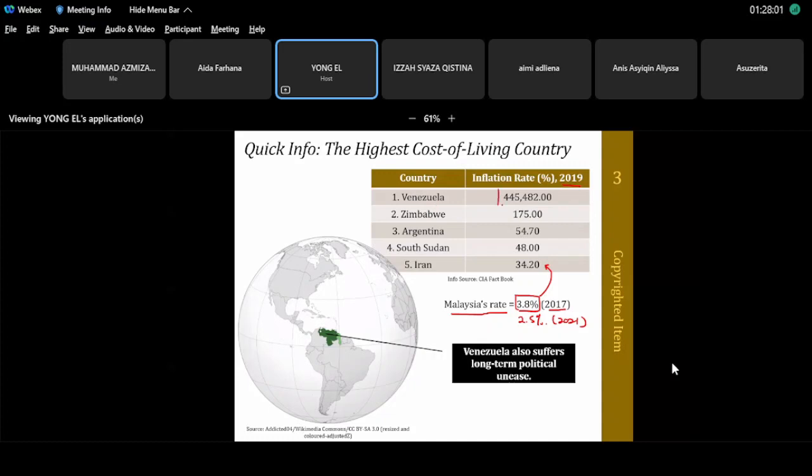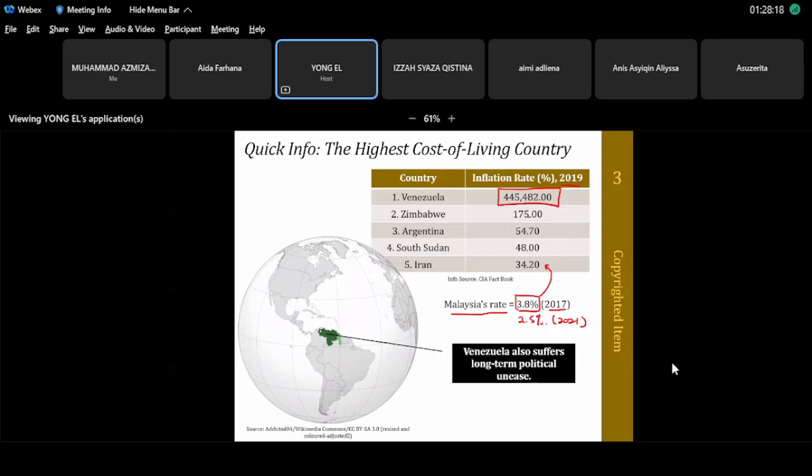You can see the number here is so big. You can imagine the growth. This is the growth rate of the price level from one year to another. This is a very, very big value.